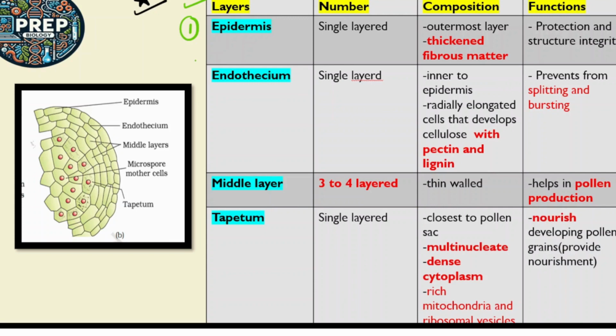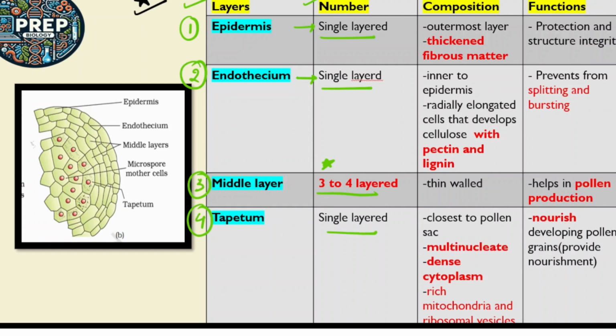First one, outermost, is epidermis, second is endothecium, third is the middle layer, and fourth is tapetum. Let's see the number of each layer. Epidermis is single layered. Endothecium is also single layered, but middle layer is about 3 to 4 layers. This is important. And tapetum is also single layered.